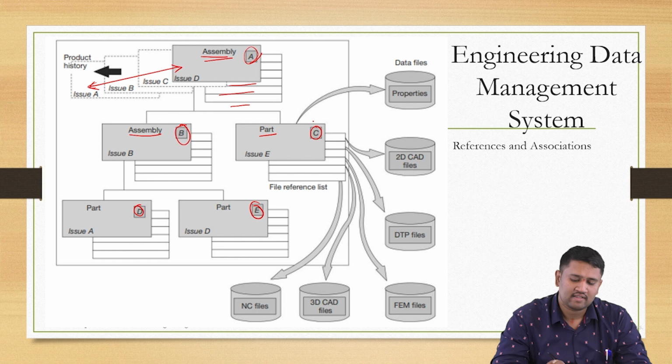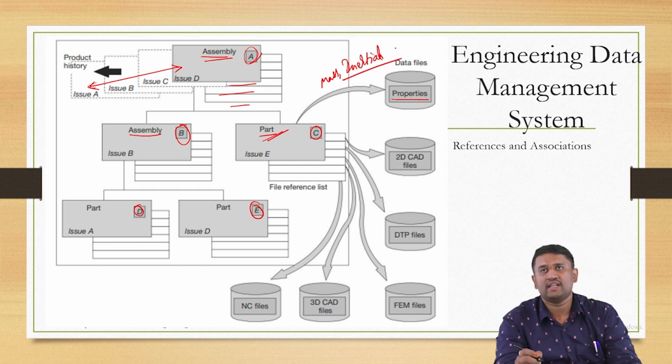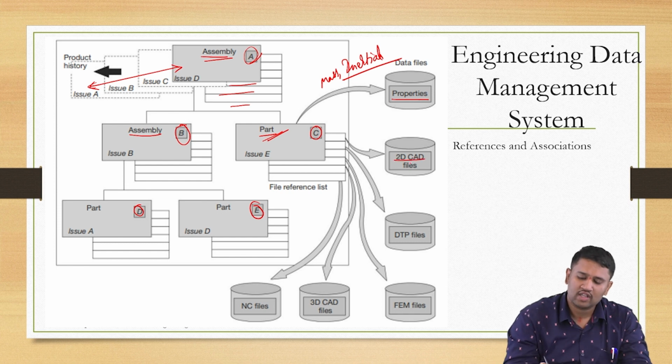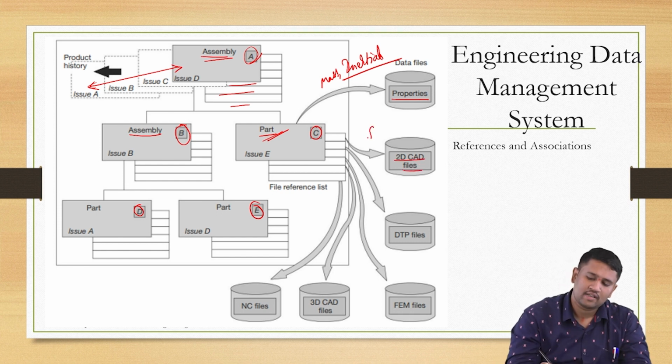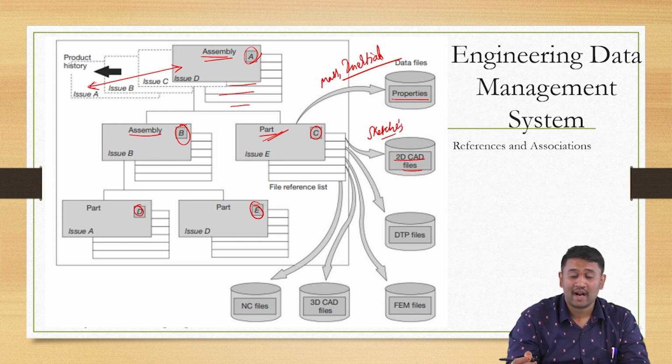So part C, what does the data file contain? Basically, your properties of this particular part, which include mass, inertia, and many more. Right? Next, the 2D CAD files, particularly the sketches that you use to get your part out.